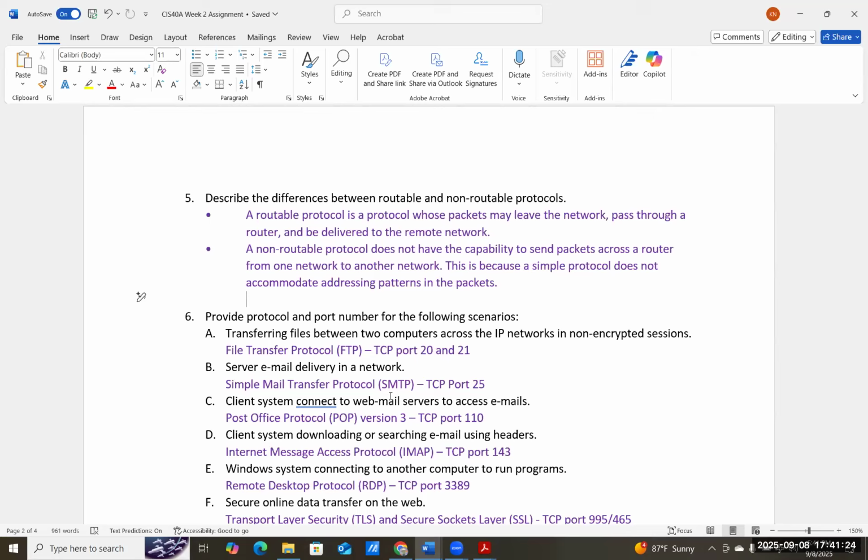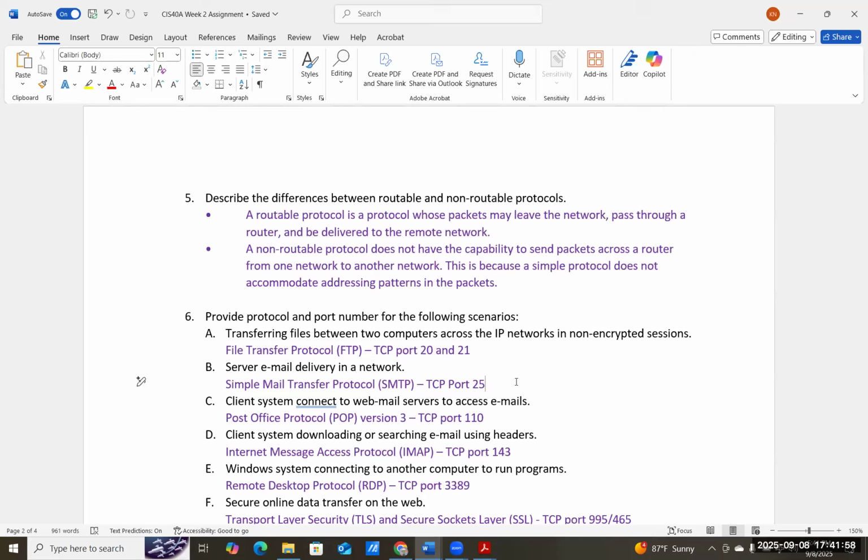Okay. Now, if you're using an email server, like your student email server, Microsoft Exchange, which most companies would use, or another form of Exchange server, then server email delivery in the network is known as Simple Mail Transfer Protocol, SMTP. This is important to know for computer forensics too, because sometimes we have to find where an email comes from, which server handles our email.